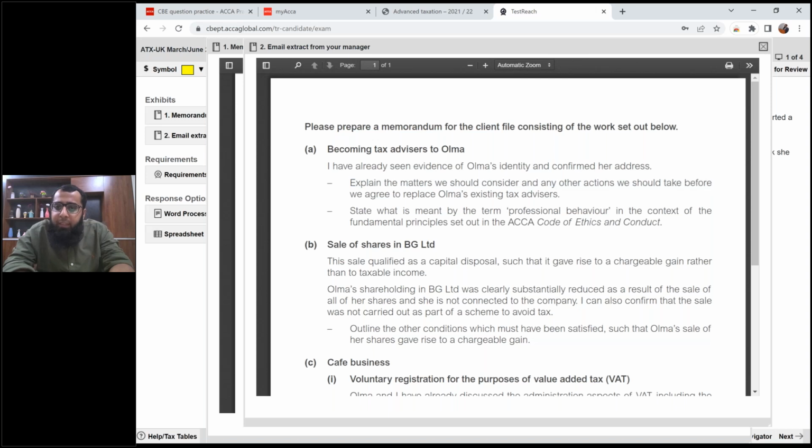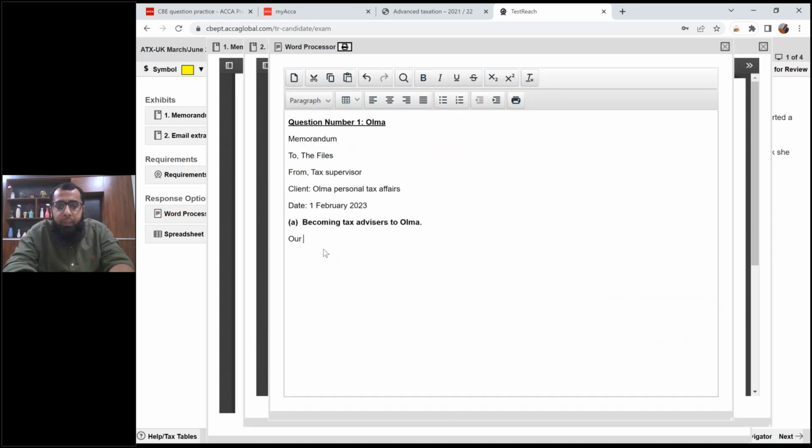Becoming tax advisors. So first of all, our firm will consider the code of ethics before accepting to become tax advisor to Alma.